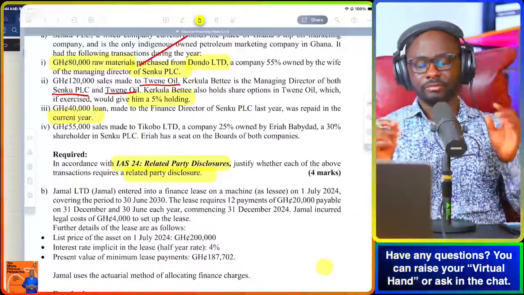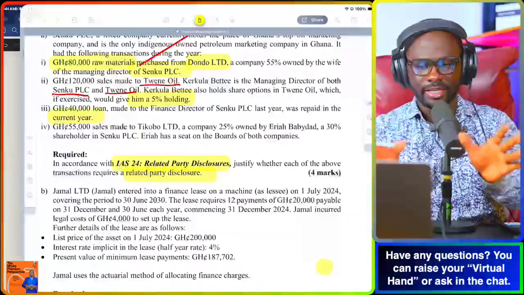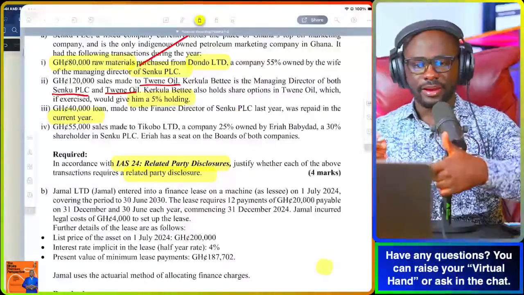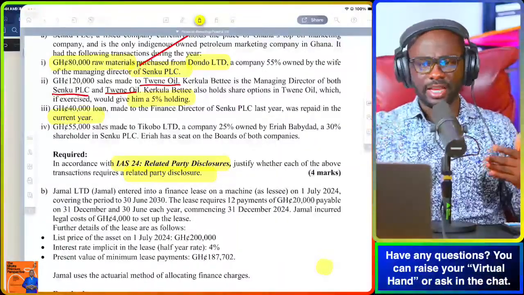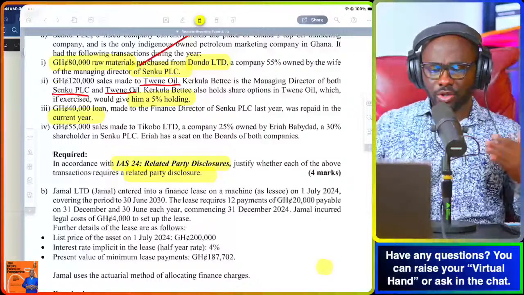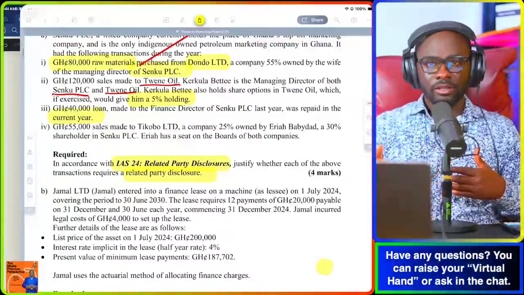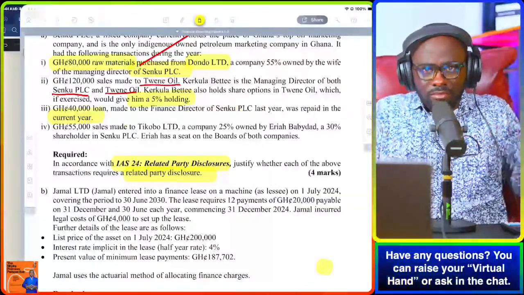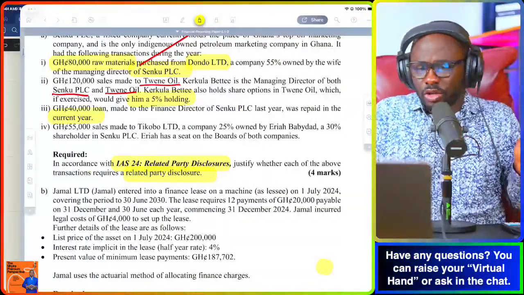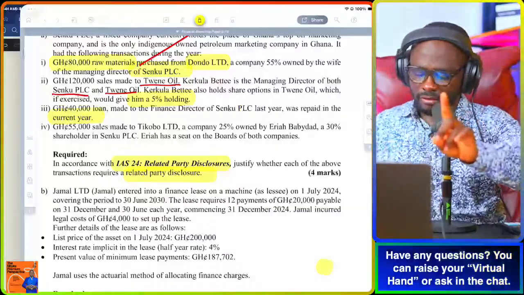Stay with me. If you look at it, the loan is to the finance director of the company, and the finance director is a key management personnel. So a transaction between them is a related party transaction, and a disclosure is required. Now, you got to be careful here.